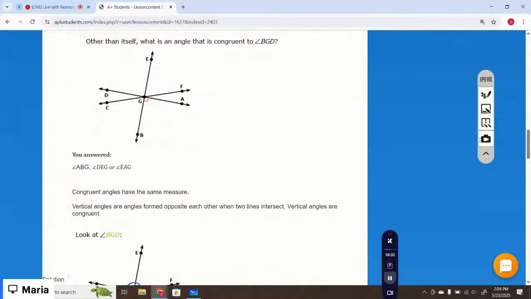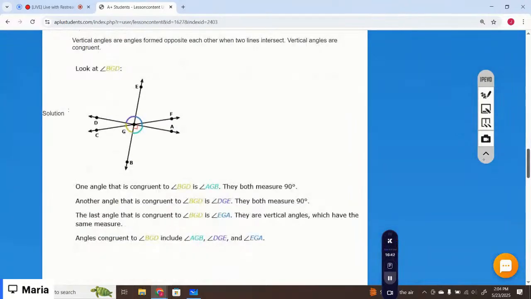When two lines intersect, vertical angles are congruent. So other than angle PGT, angle AGP is congruent to angle PGT. Angle DGE and angle EGA are all congruent to angle BGD.